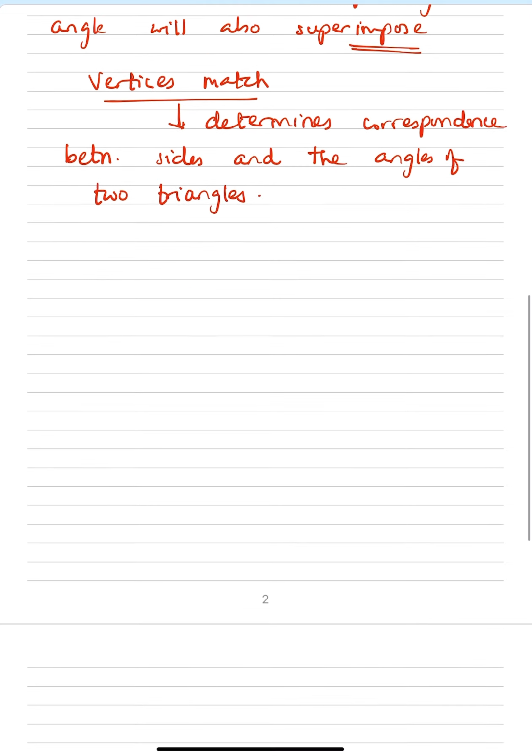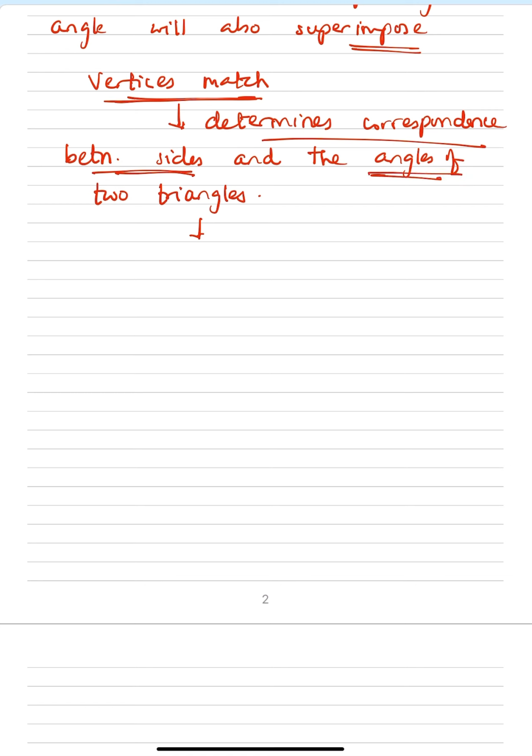Okay, when they can exactly superimpose, then what will happen? There will be 6 equalities of the corresponding parts, that is 3 of corresponding sides and 3 of corresponding angles.